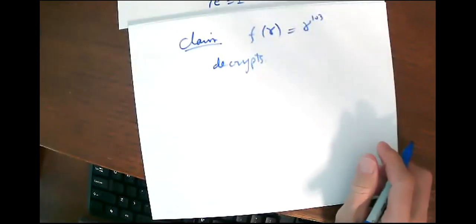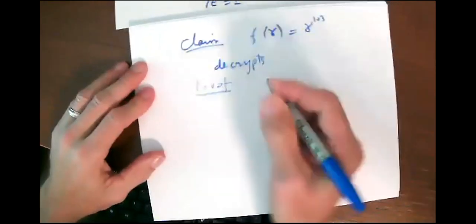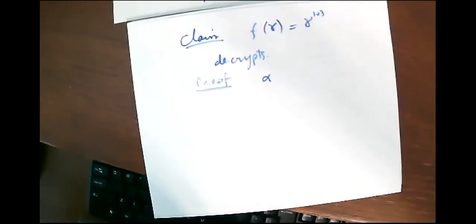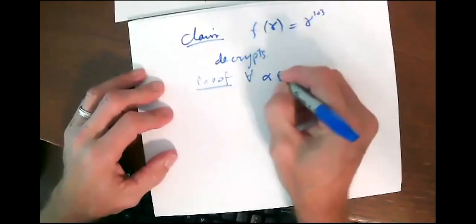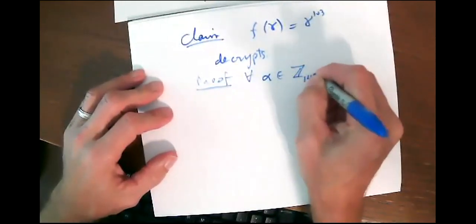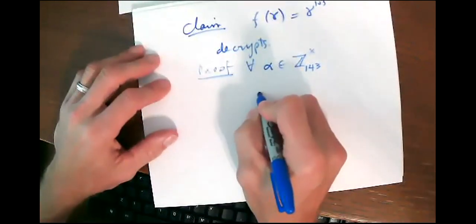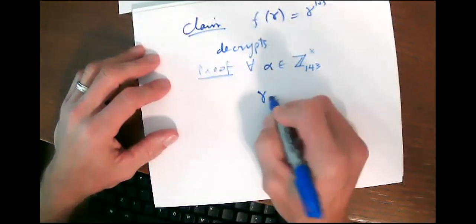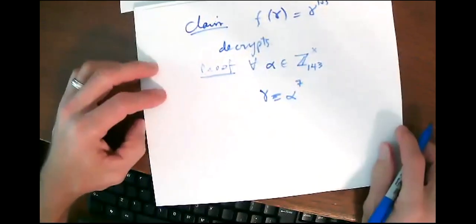In other words, here's the proof of the claim. If you take one of those numbers from one of those 120 invertible congruence classes modulo 143, so for all alphas that are in this set, the encryption told me to replace that alpha by the number gamma, which is computed as alpha to the 7th power.